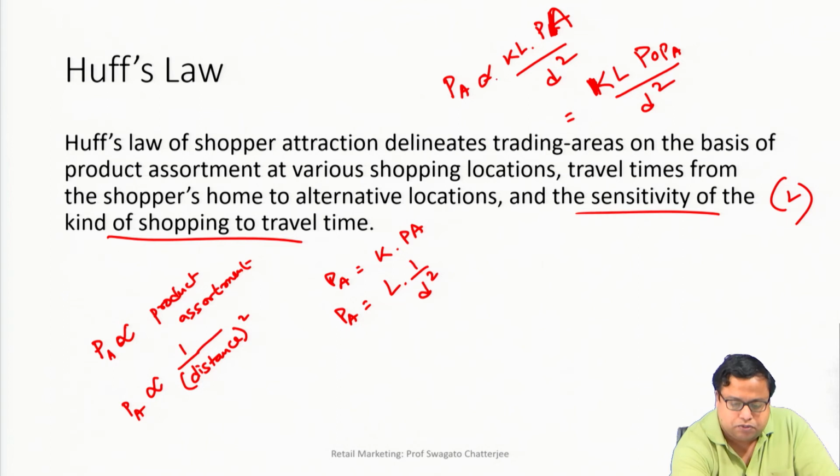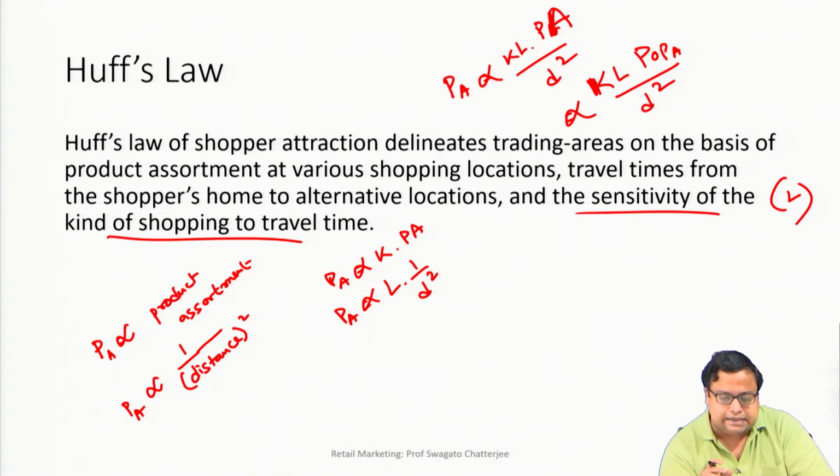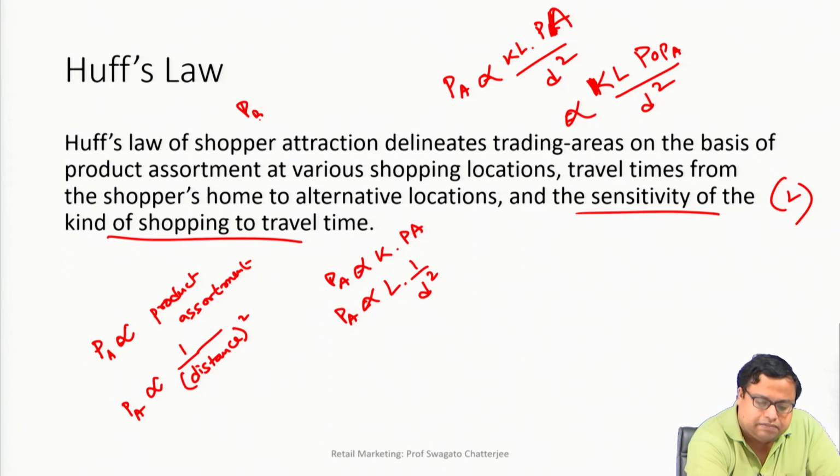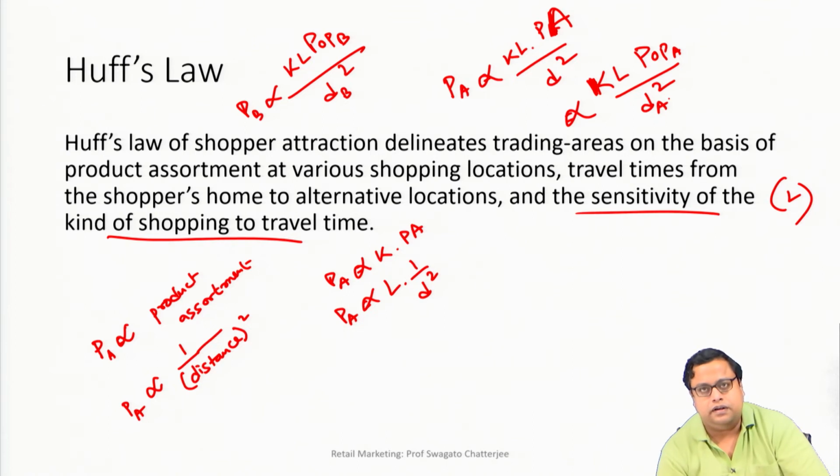It will be proportional to this. Now, if that is the case, then PB will also be similar: KL into population at B by distance of B squared for a particular person, and so on.